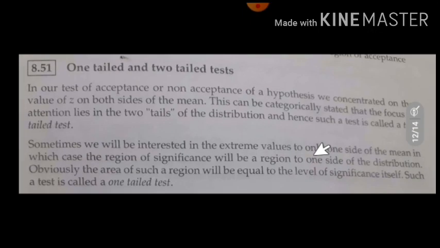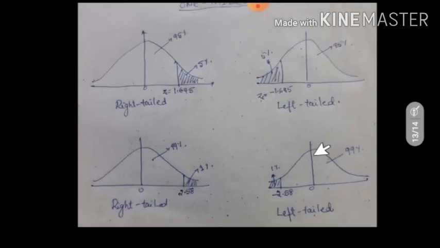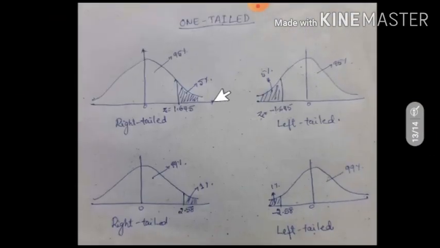Similarly, there may be situations where we are interested only in the extreme values on one side of the mean or region we have taken. Extreme on one side is called one-tailed. For example, here I have given the one-tailed normal graph. At 5% level of significance, all the 5% comes on one side of the mu line. Correct? So 95% comes on the other side, completely the left side of the line.